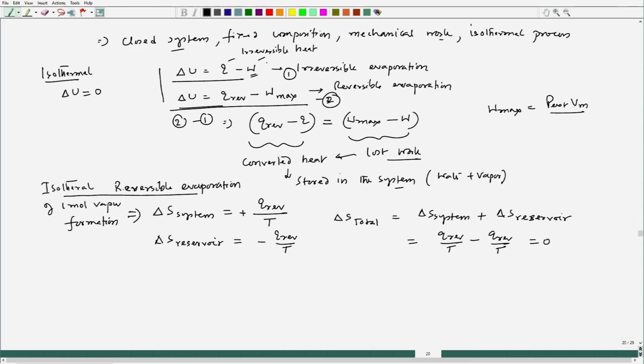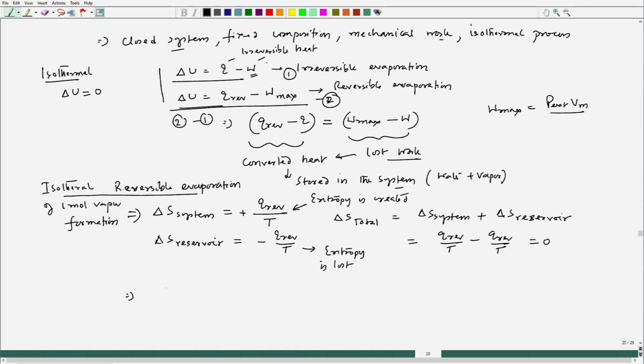The total change in entropy of the system and the reservoir is 0. I am not able to create any entropy, but there is an interesting physical significance of these two situations. Here entropy is created, and here entropy is lost.